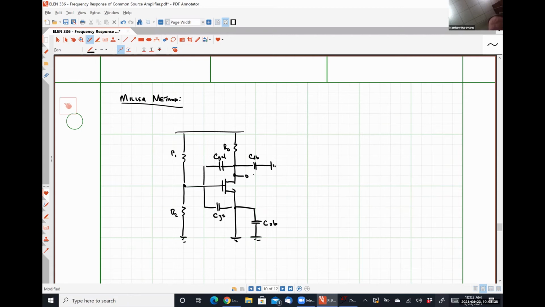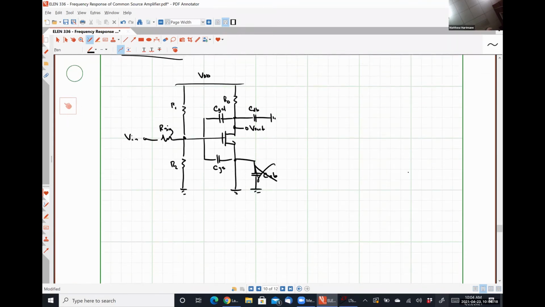CGS. Here's V out. Here's RSig. Here is VN. I have all 4 of my high frequency capacitors in there. And again, CSB doesn't do anything. So we can easily see that there is a capacitor linking effectively our input or our gate to our output, which is at our drain, right? So this would be a perfect place to use the Miller approximations that we did when we started all this kind of good stuff.